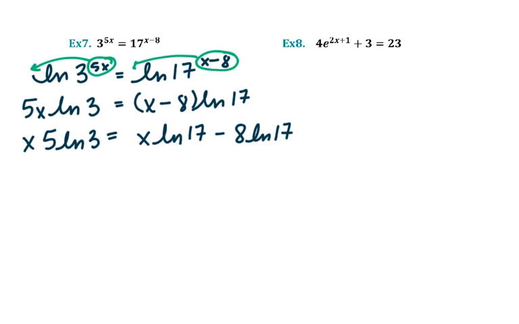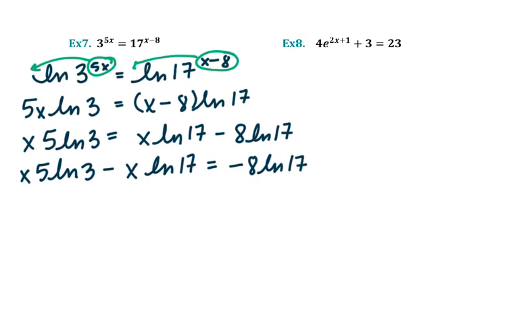So I have two terms with an x. I'm going to get both of those terms on the same side of the equation. x times 5 ln 3 minus x ln 17 equals negative 8 ln 17. Because both terms on the left have an x, we can factor out a GCF, and then we'll be able to divide.